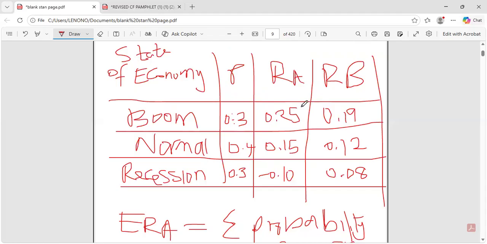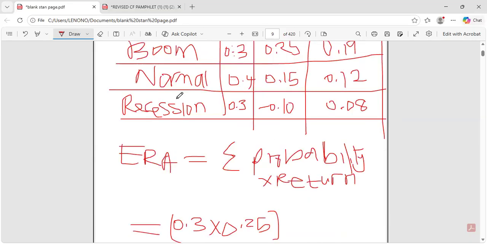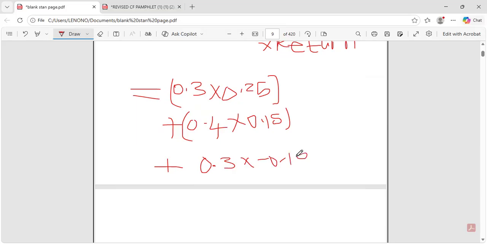So 0.3 by 0.25, 0.4 by 0.15. So we're adding now, plus 0.4 by 0.15. Then plus the other one, 0.3 by negative 0.10.